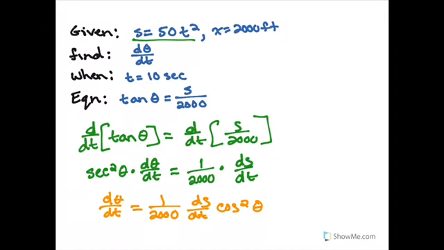Now, I'm given s, so I can find ds dt. ds dt is the derivative of 50t squared, which is 100t.